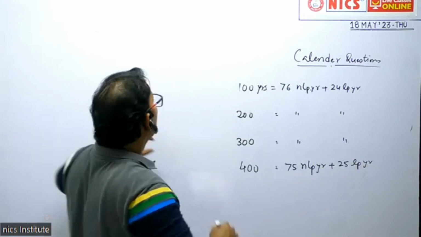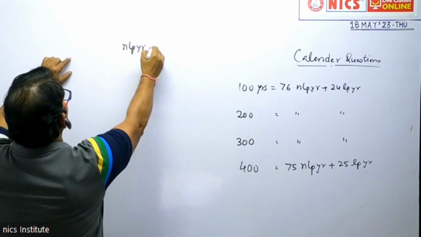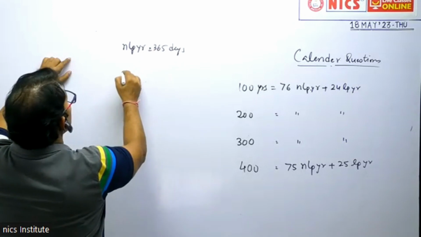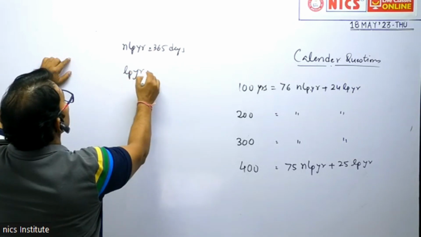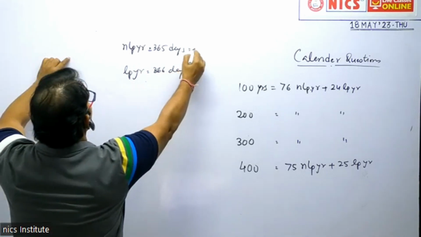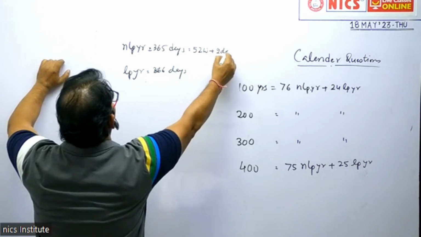Now, you know that in a non-leap year, an ordinary year, we have 365 days in total, whereas a leap year has 366 days. That means it is 52 weeks plus 1 day, and 52 weeks plus 2 days.